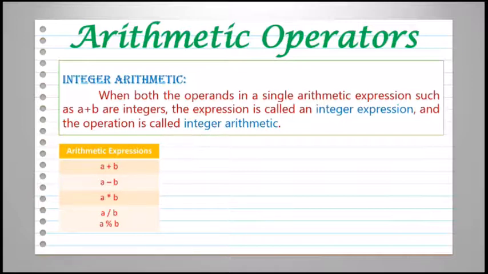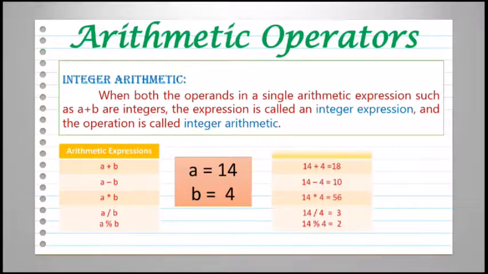That is, if A and B are integers, and if A equal to 14 and B equal to 4, we will get the result, that is, for addition 14 plus 4, that is 18. For subtraction, that is 14 minus 4, that is 10.